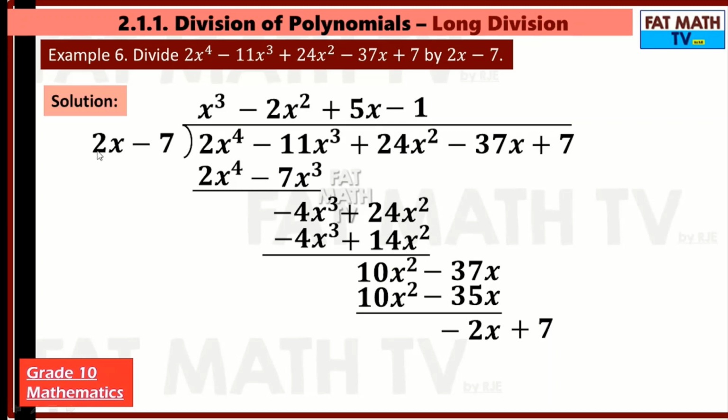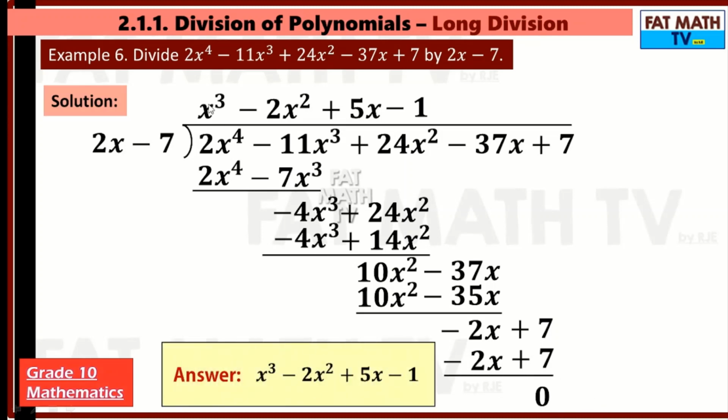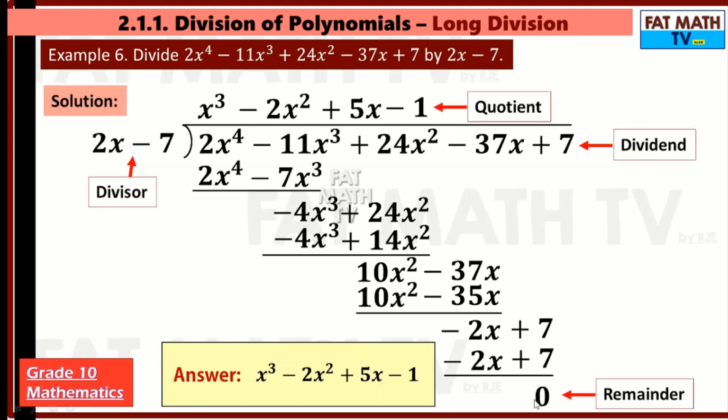Negative 1 times positive 2x, that's negative 2x. Negative 1 times negative 7, that's positive 7. If you subtract, that's 0. So the quotient is x cubed minus 2x squared plus 5x minus 1. So the remainder is 0.